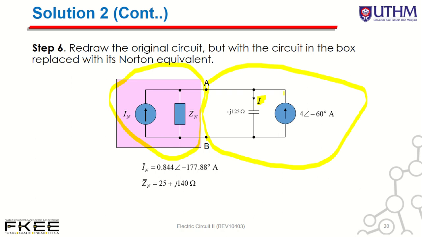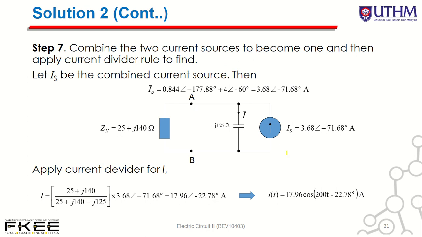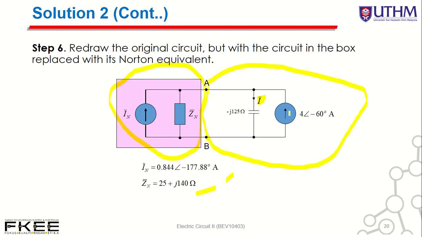Kirchhoff's current law, KCL. You have a ZC, you have a ZN, you have a current source. You have an IN and then you have a ZN. Then you can determine current. Let's say this is I1, this is I Norton. You can combine these together because they are in one node.